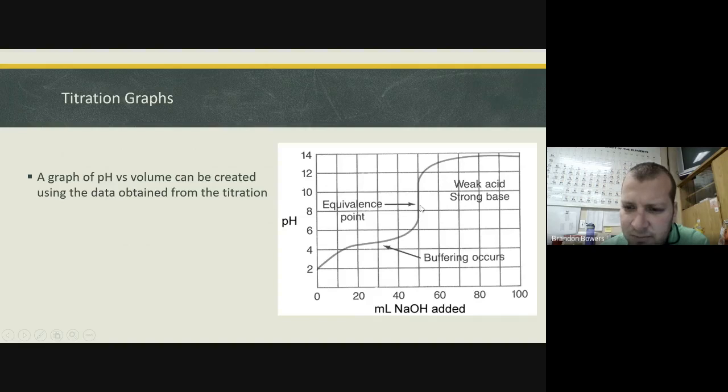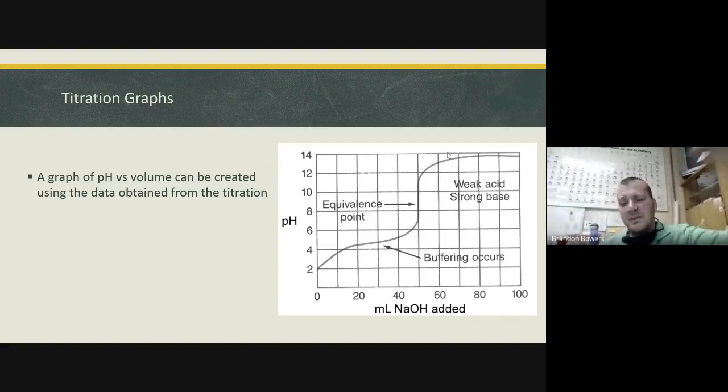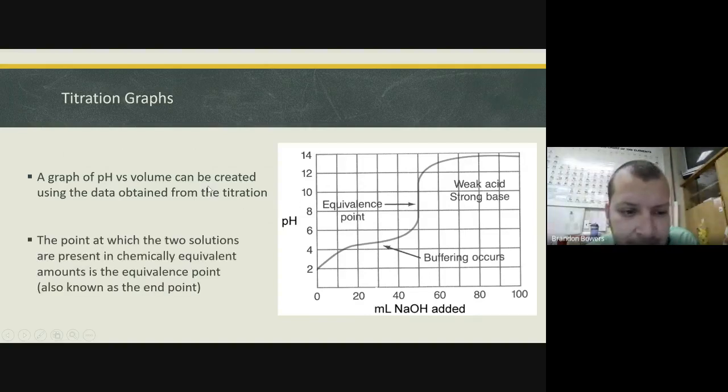If you look at this acid, where it flattens out is about a 4 to 5, which is a weak acid. And the base flattens out at about 14, which is a very strong base. Hopefully you remember that in a neutralization reaction, when you have a strong base and a weak acid, the equivalence point, the middle, is actually going to be basic.